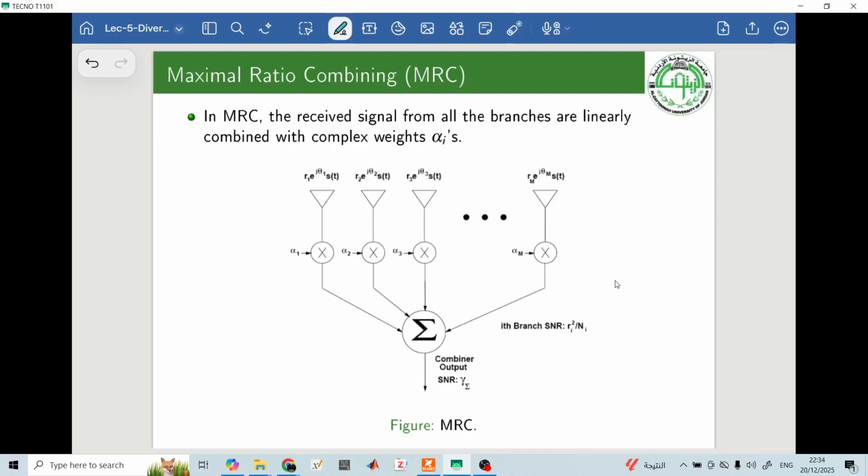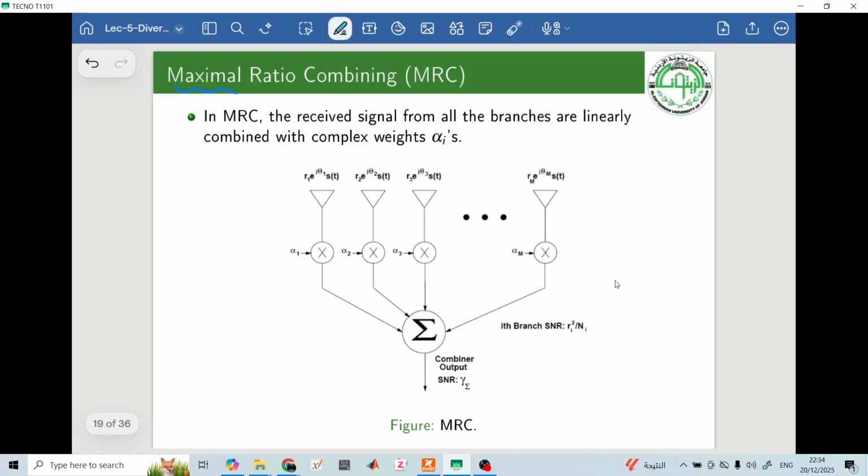Now we move on to the golden standard of diversity combining, which is maximal ratio combining. So you can tell from the name, it gives you the maximum performance in diversity combining, right?